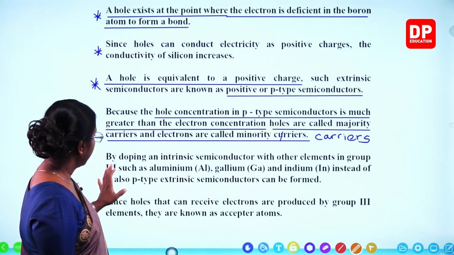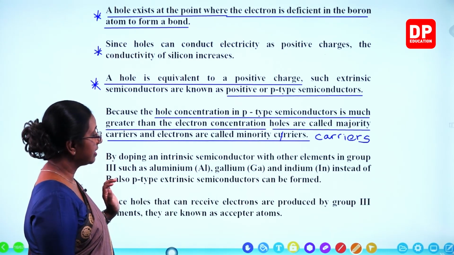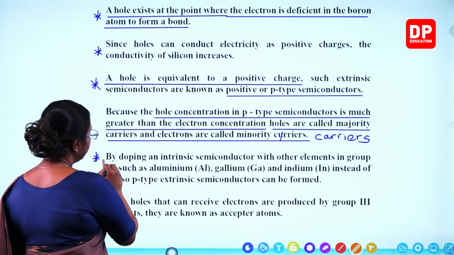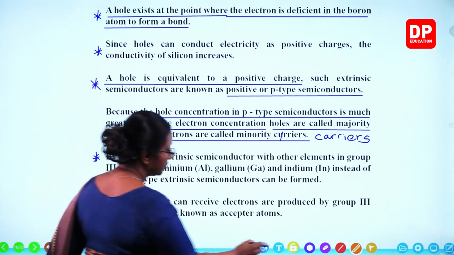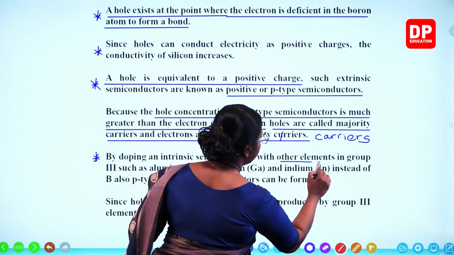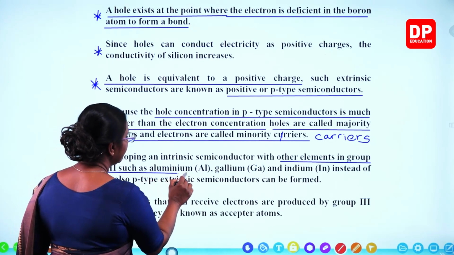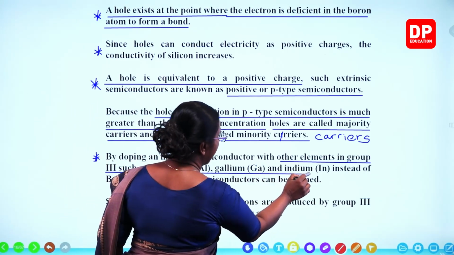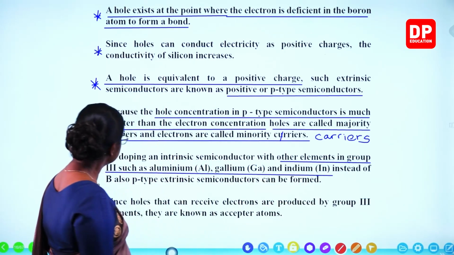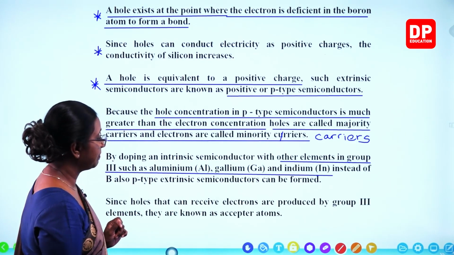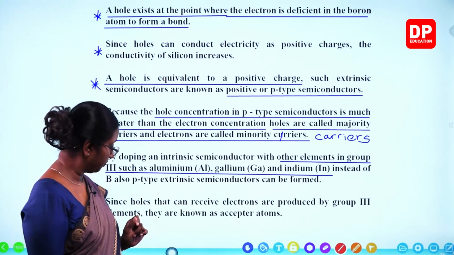So then, by doping an intrinsic semiconductor with other elements in group 3, so here we can do that with other elements also, such as aluminium, gallium and indium, instead of boron, P-type extrinsic semiconductors can also be formed.